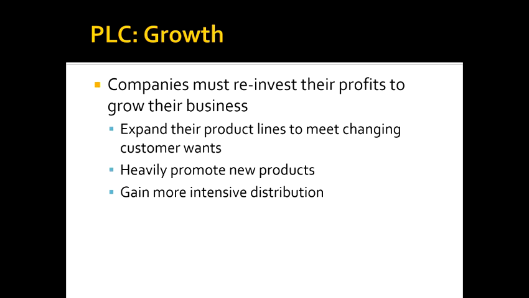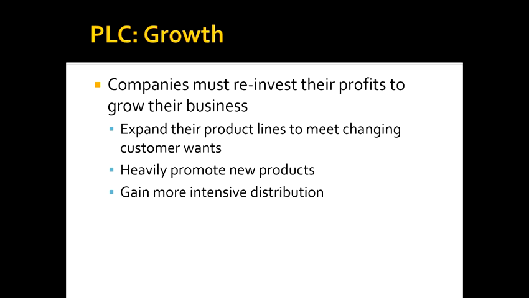So as we saw, while profit peaks during the growth stage, companies have to reinvest their money into their business. They have to keep up with competition. They have to try to find new markets. They have to advertise and promote. They have to make sure that their brands are being distributed if they're using wholesalers and retailers.